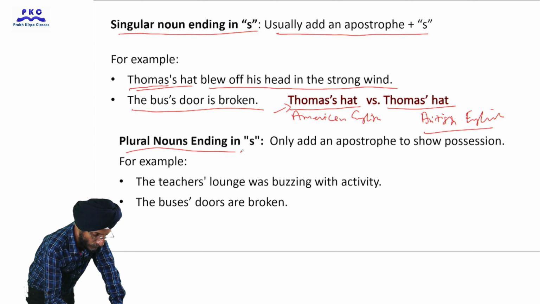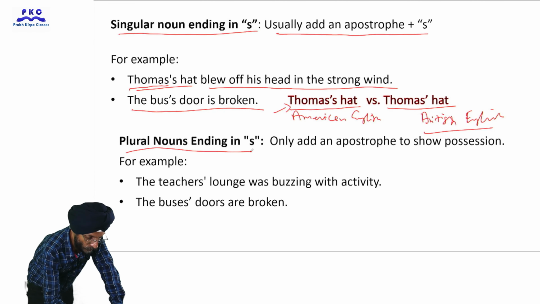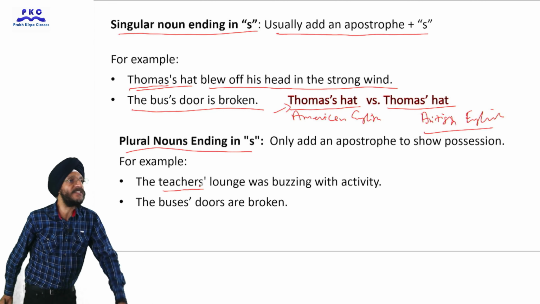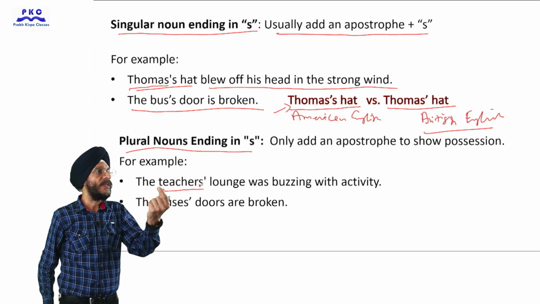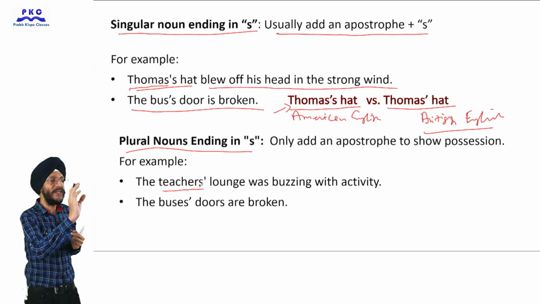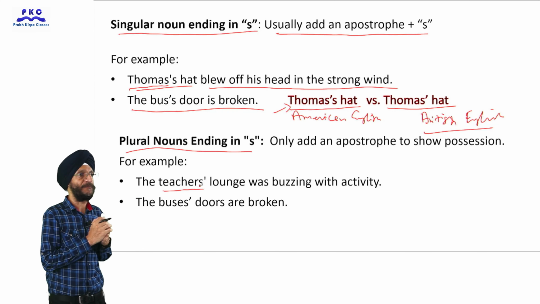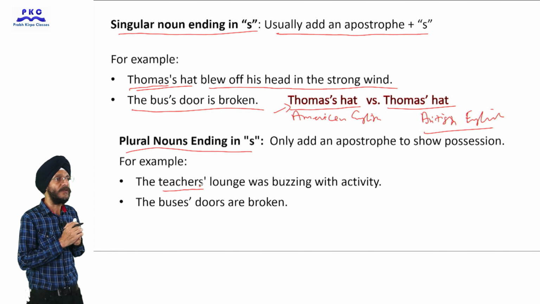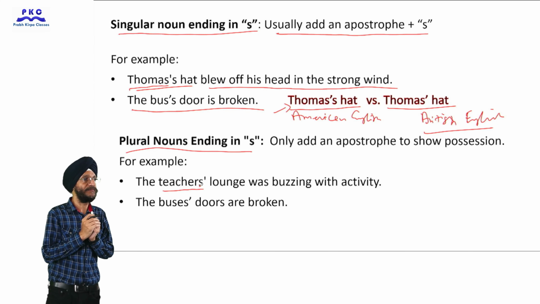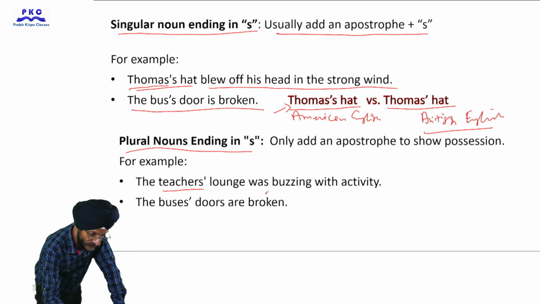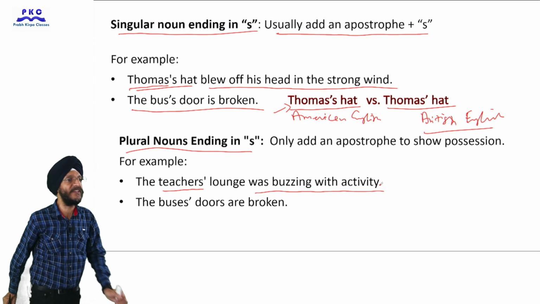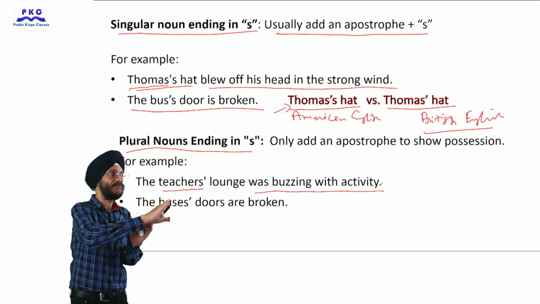Now, plural nouns ending in S. Here you will see that teachers is a plural noun. Here, to show possession, we have simply added an apostrophe. Here we have not added S. The teachers' lounge was buzzing with activity. That is the lounge of the teachers.